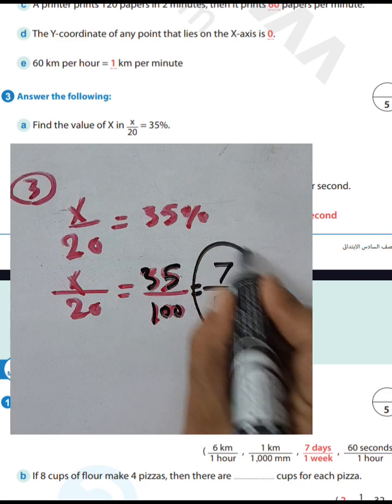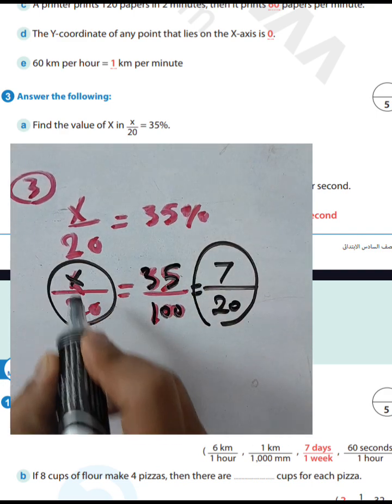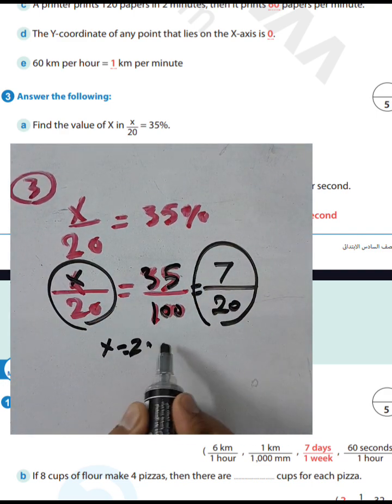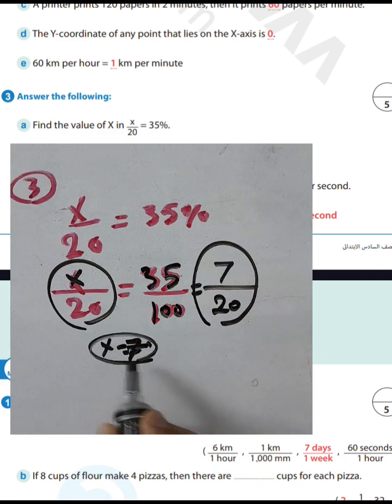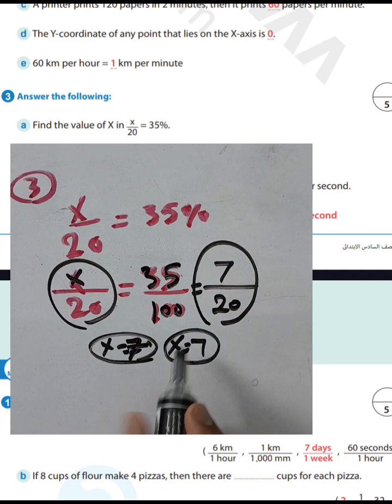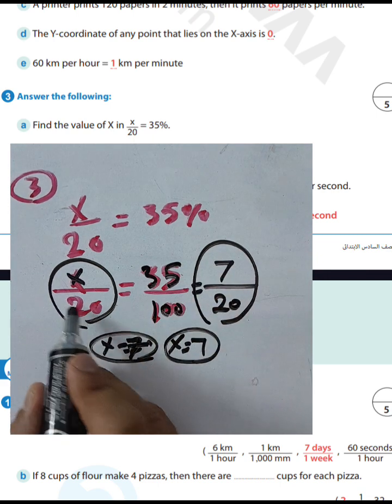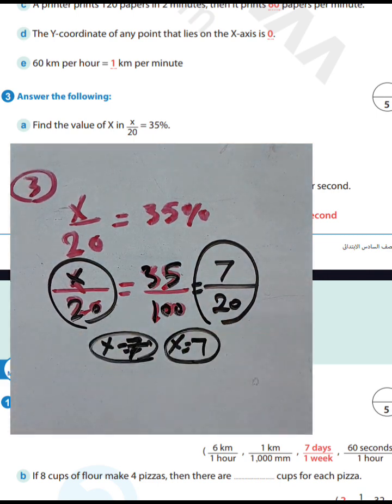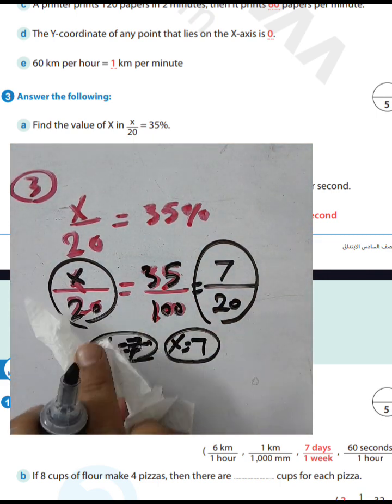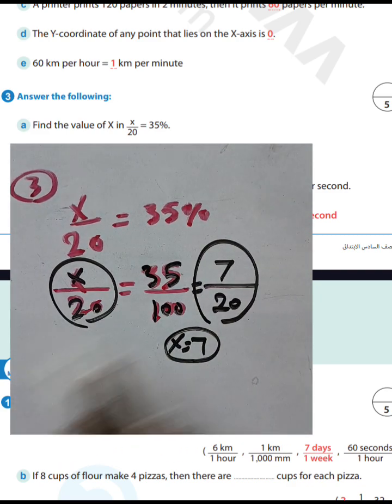We have 7 over 20 equal to x over 20, then the value of x will be 7, because the denominators are equal, so the numerators must be equal. Understood? Then the value of x here will be 7. Okay.